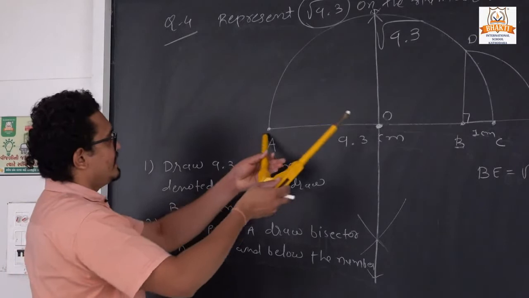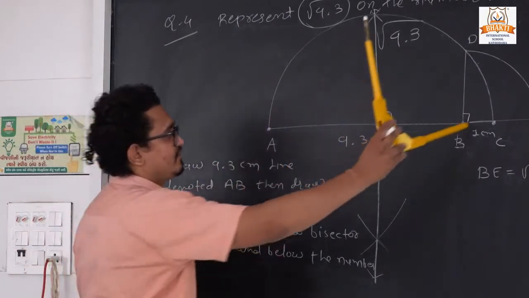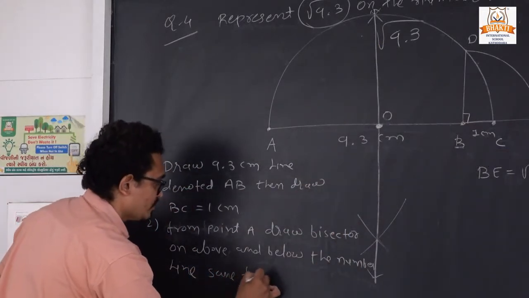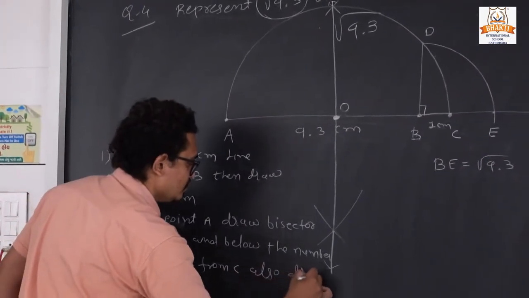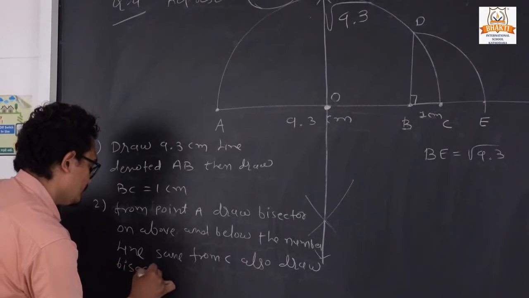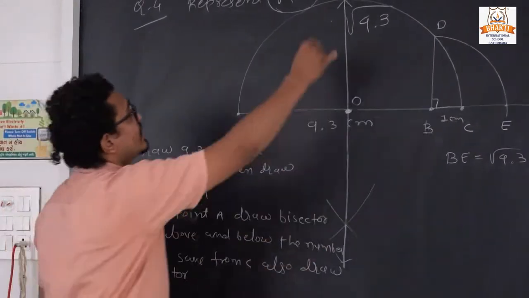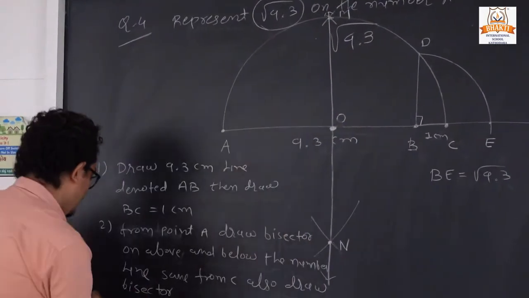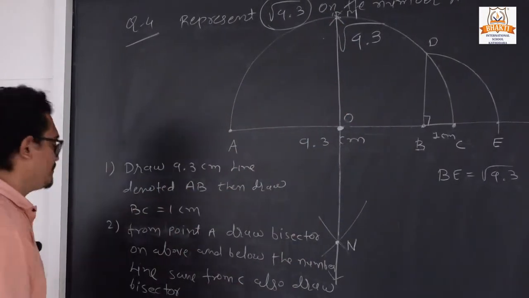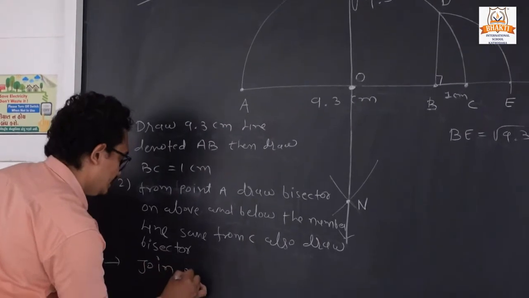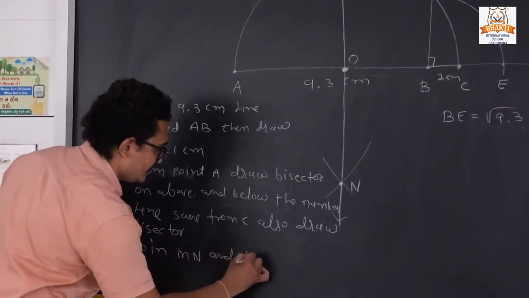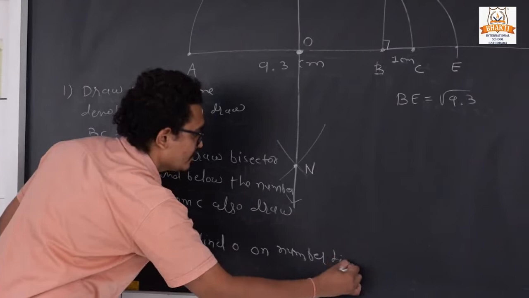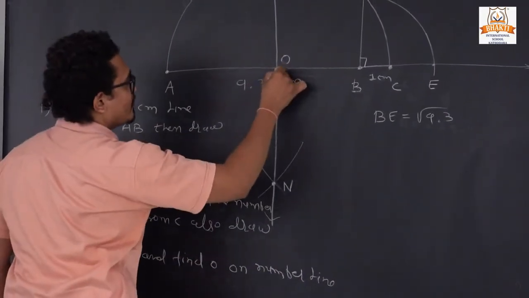From A we draw one arc, and the same from C also: draw the bisector, and we can declare those lines as M and N. So now join MN and find O on the number line. If we join these two lines, we can find point O on our number line.